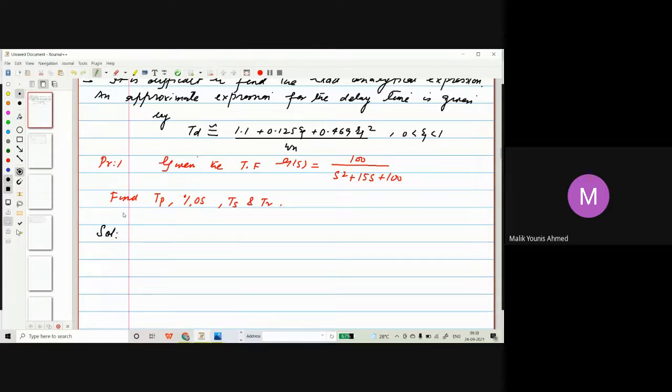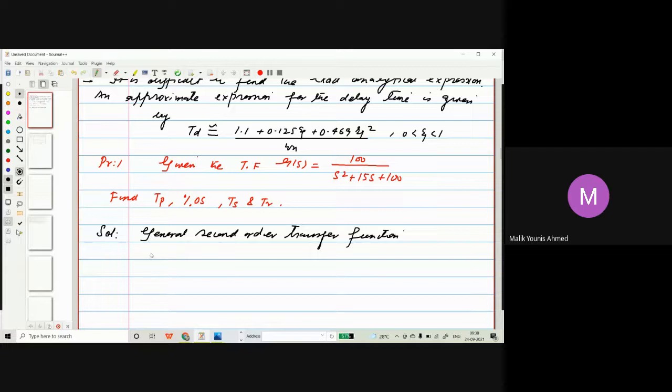We need to write the general second order transfer function.